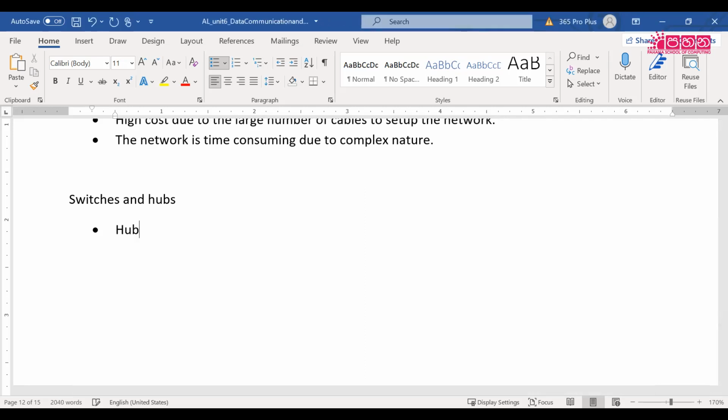So hubs and switches are common devices that could be found on networks. So that's the first thing we need to know. So these are common ones.